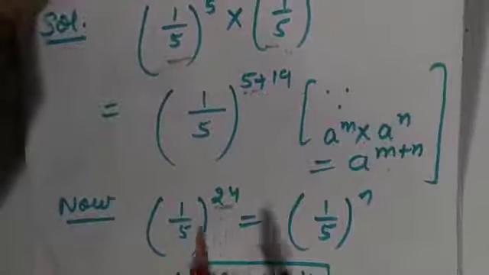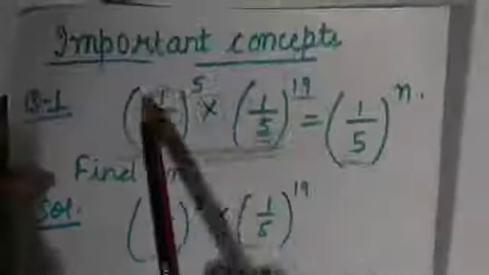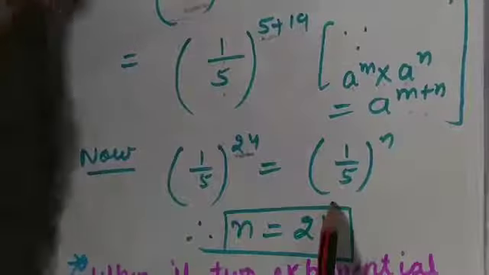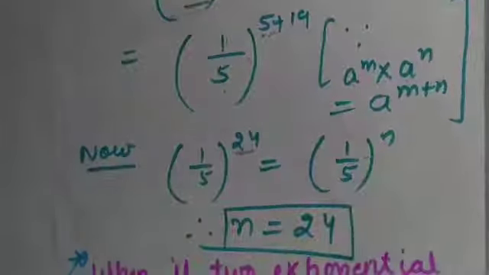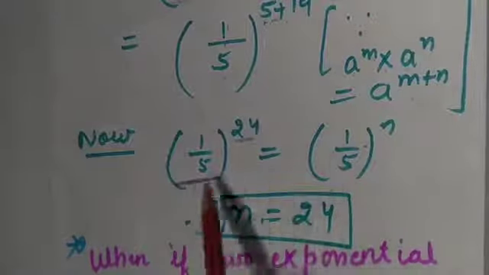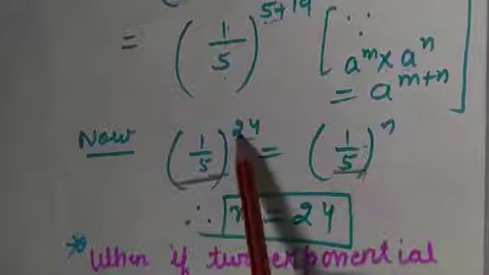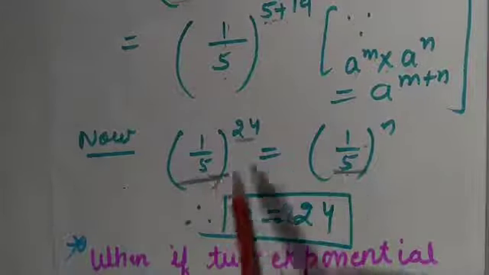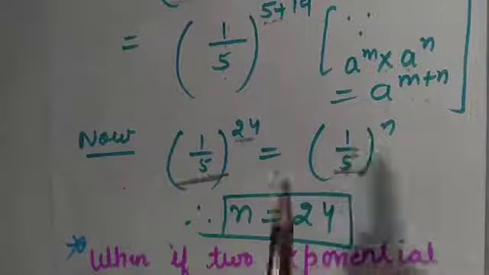Now it is given that this left side is equal to this one, so I just equate them. 1 by 5 raised to the power 24 is equal to 1 by 5 raised to the power n. Now this is the main concept that we have to learn: whenever in an equation the bases are the same, then the powers will also be the same.